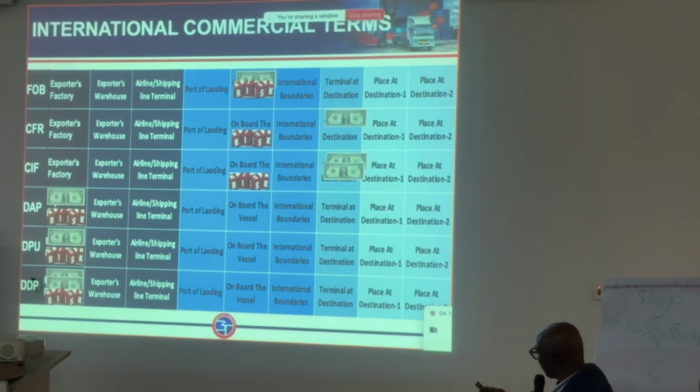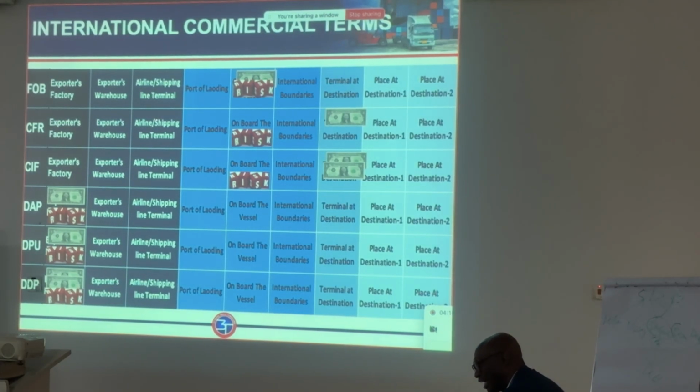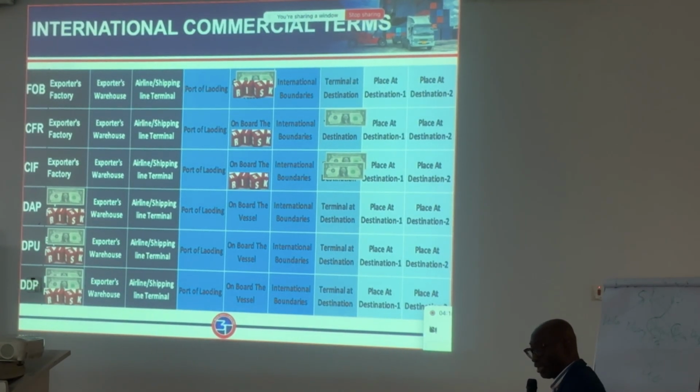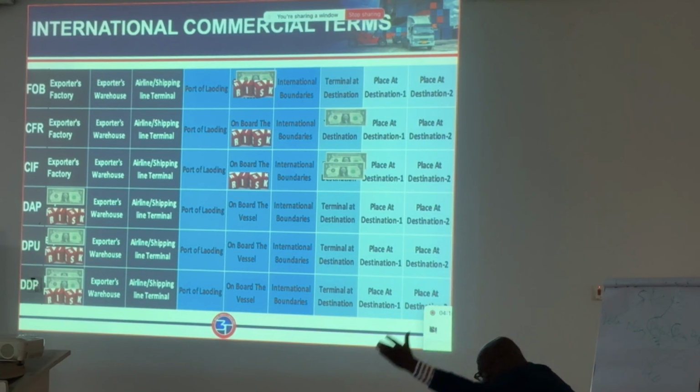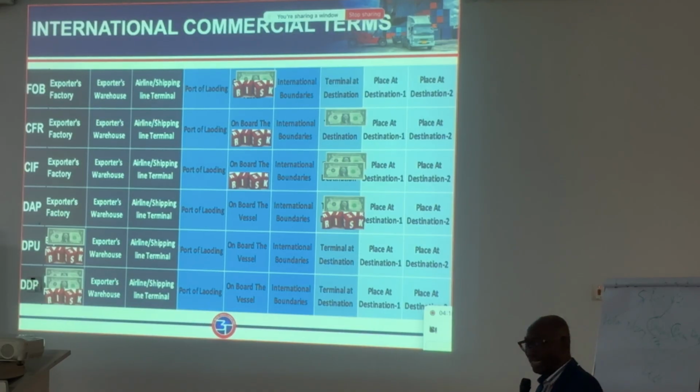So, deliver at place. Look at what happened here. The Chinese exporter will ship it to Nigeria and deliver it to a location in Nigeria. The exporter will move it to the port and pay for the cost of moving it to Nigeria. The importer will clear the goods, but he will be the one to still move it to the final destination in Nigeria. So the exporter bears the risk and cost to the final destination in Nigeria. In DPU, the exporter will not just bear the risk of delivering to a location in Nigeria.